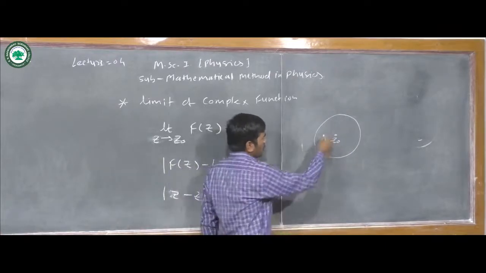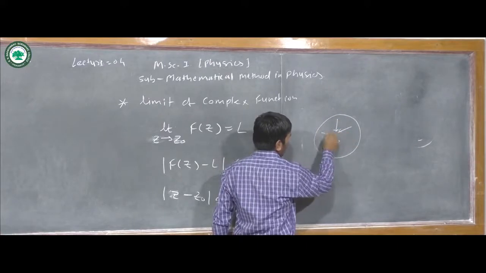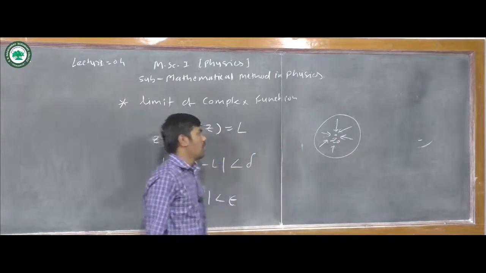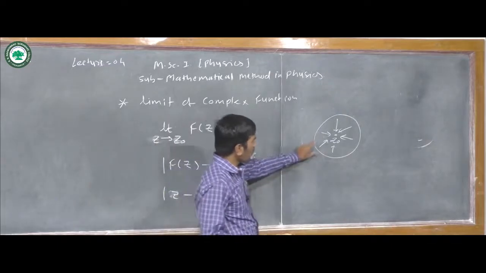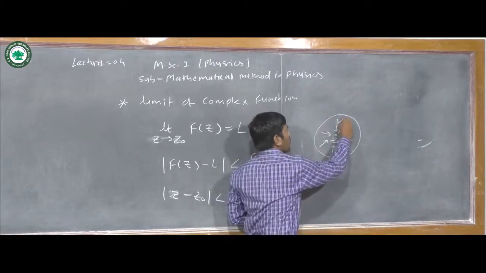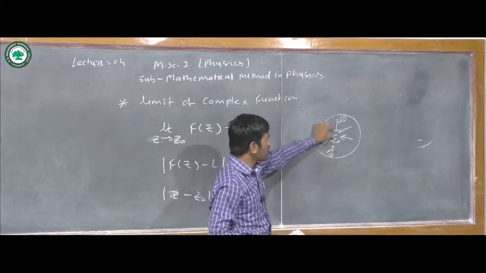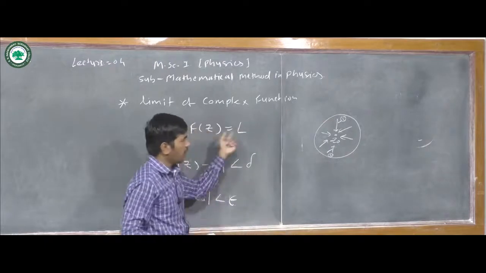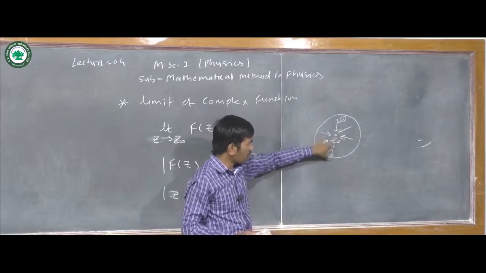The neighborhood of z naught can be approached from different directions, so there are infinitely many ways of approaching z naught. If I consider one approach and a second approach, and if these two cases give the same result, then we can say the limit exists. I am considering z naught in the w plane.